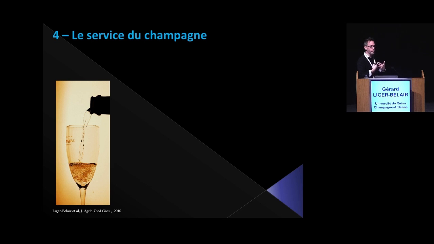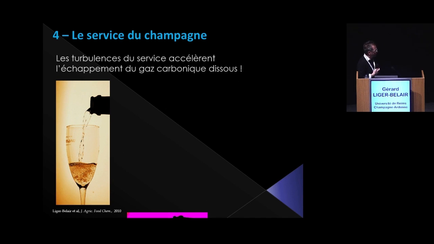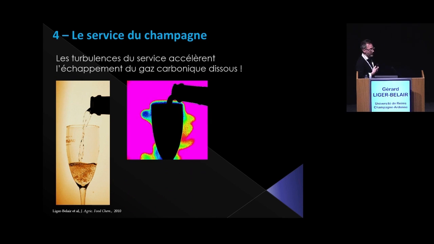When it comes to the physics of fluids, when you have a fluid in agitation that contains this dissolved gas, most of the dissolved gas will be released. You don't see that with the naked eye, but if you take a video with an infrared camera, you will see that the CO₂ molecules will absorb certain infrared wavelengths, and you see the result here.